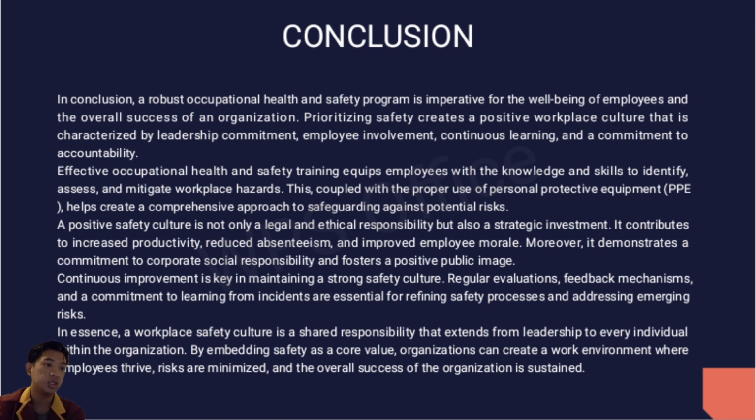Effective occupational health and safety training equips employees with the knowledge and skills to identify, assess, and mitigate workplace hazards. This, coupled with the proper use of personal protective equipment, creates a comprehensive approach to safeguarding against potential risks.